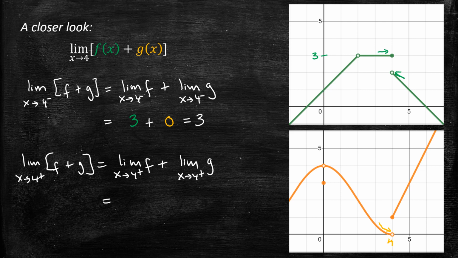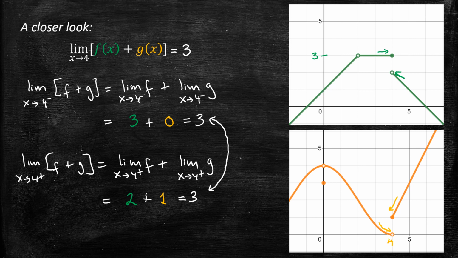Sorry, a little technical difficulties here. So 2. And on g, if we approach 4 from the right, our y value is approaching 1. Well, what do you know? 2 plus 1 equals 3. These two limits are equal from the left and the right. The limits of the sum are equal. So we can safely say that the limit as x approaches 4 of the sum of these two functions is 3.